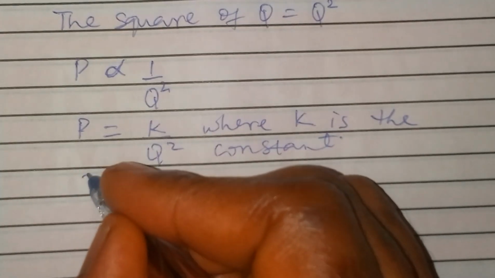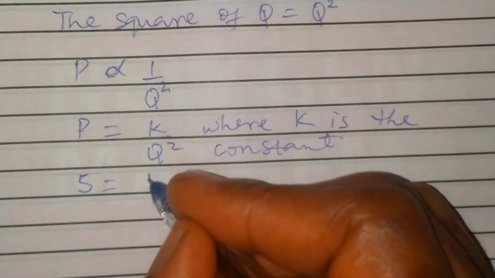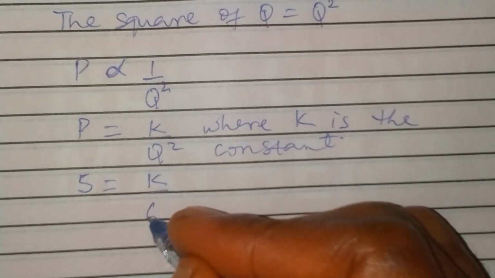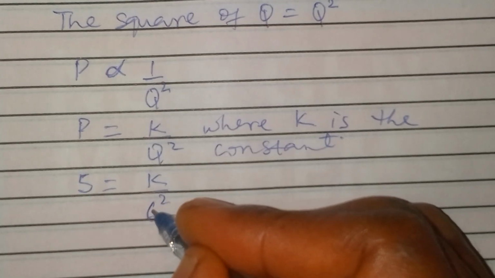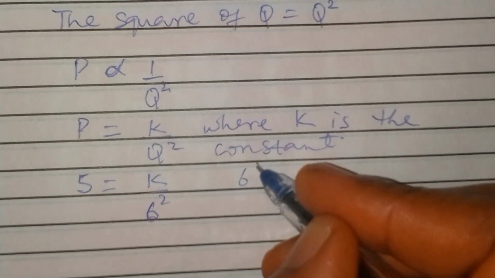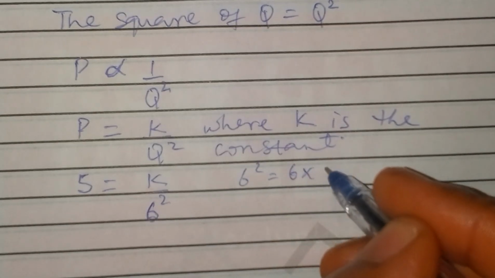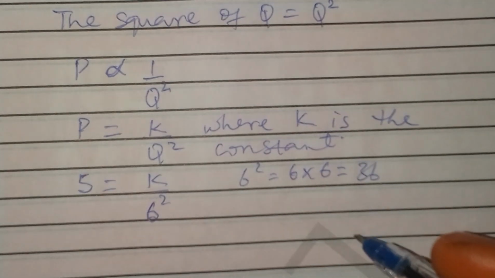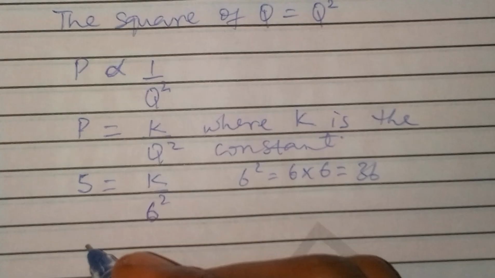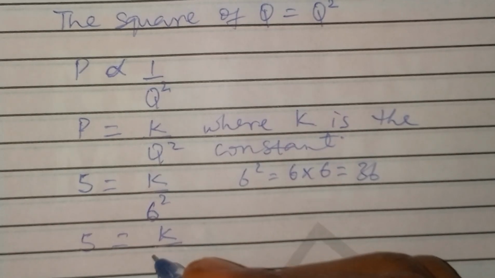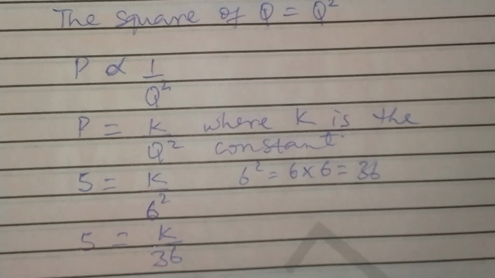P is 5, so write 5 is equal to k over 6 raised to the power 2. 6 raised to the power 2 is equal to 6 times 6, which is 36. So we write 5 is equal to k all over 36.